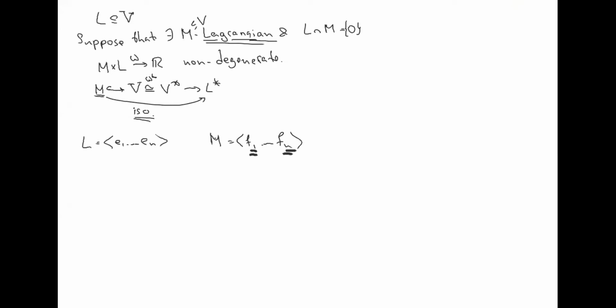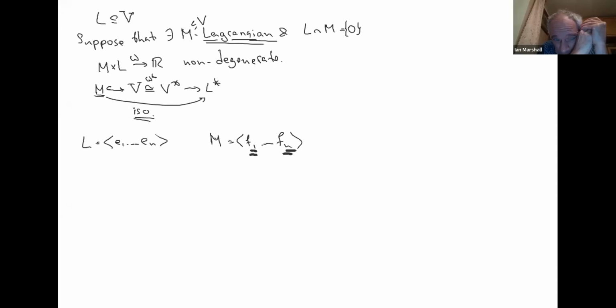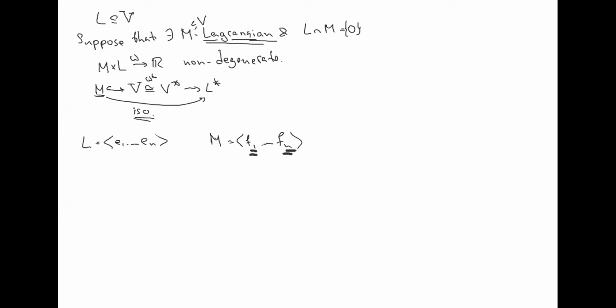Yeah, it's trivial. So my question is exactly if we take an arbitrary complementary subspace, there can be non-orthogonal vectors in it. Yes, yes. I guess it is, well, for arbitrary.